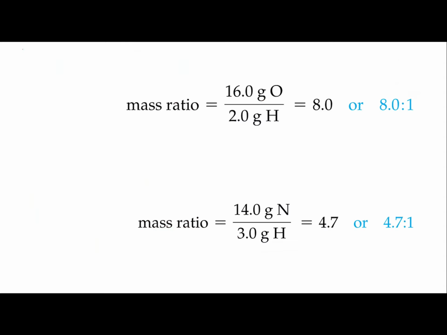Let's talk about the law of constant composition. It arises from this observation that we just made, that water molecules always have the same ratio of atoms. So Joseph Proust in the late 18th century formally stated the idea that elements combine in fixed proportions to form compounds.